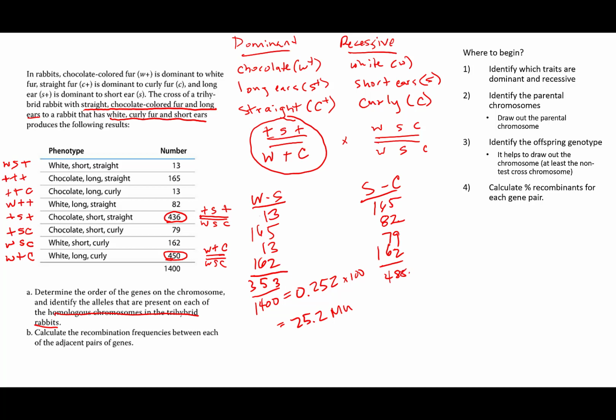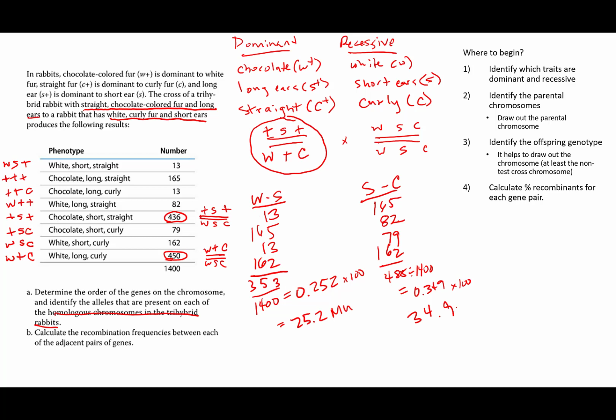Now, if I divide that again by 1400, I'm going to get 0.349. Okay, times 100 to get my percent. It's equal to 34.9. So 34.9. Now I come to my very last one. Make this one a little bit smaller down here.